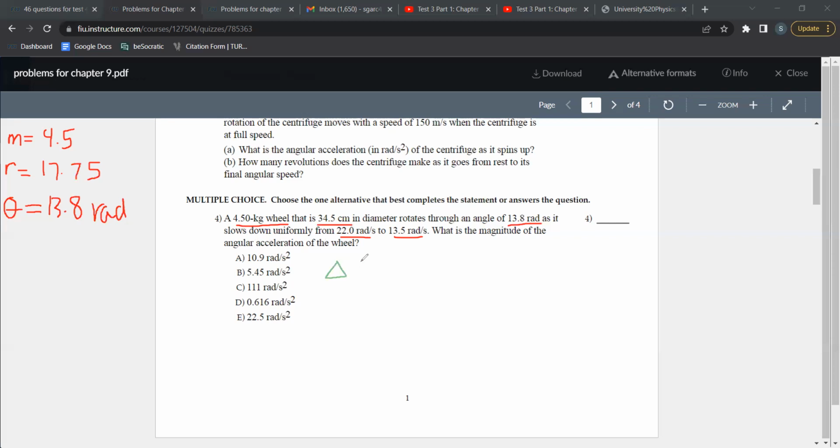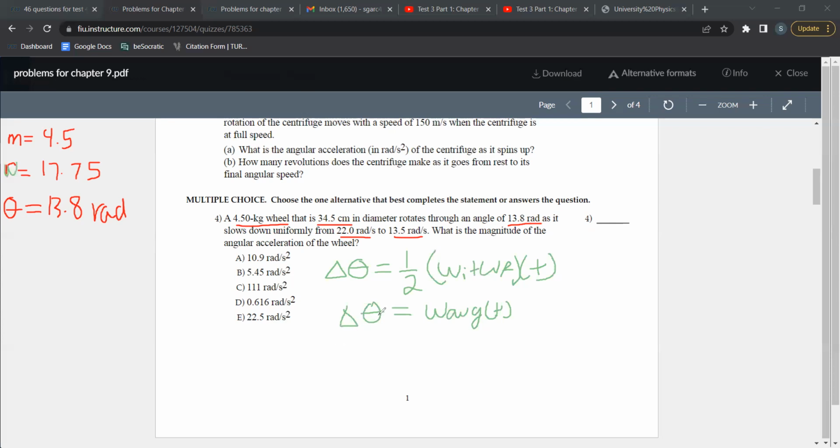The formula goes: the change in angle is equal to 1/2 of omega initial plus omega final times t, which is essentially just omega average times t. So this is an omega, that's my bad. Our angular velocity average times t.